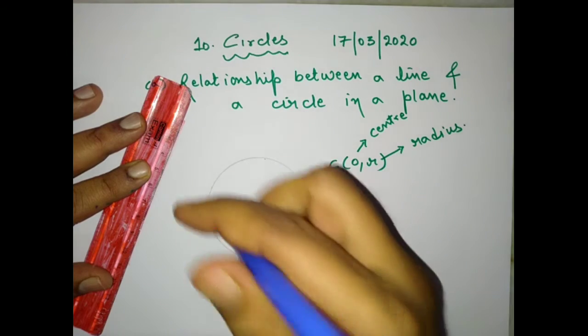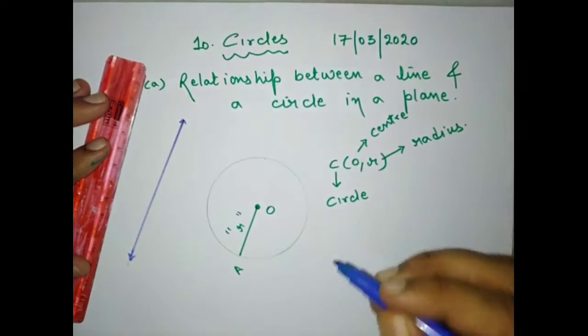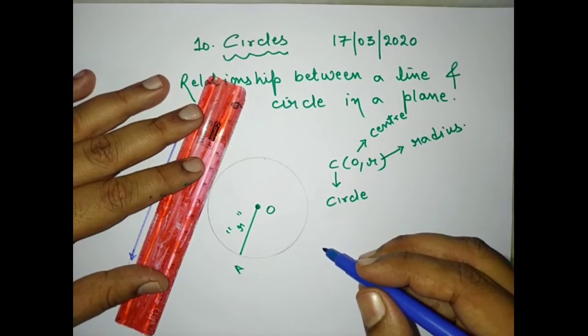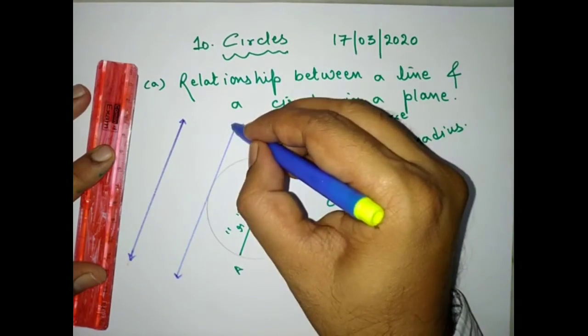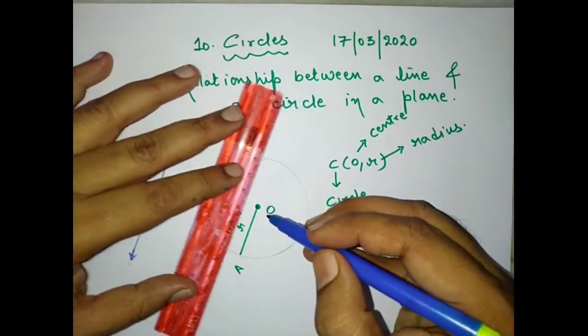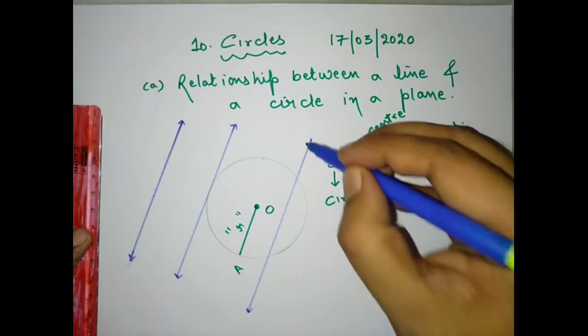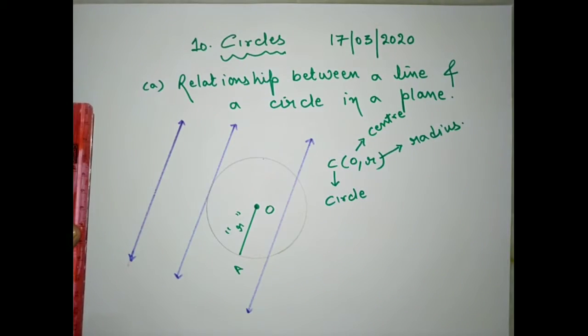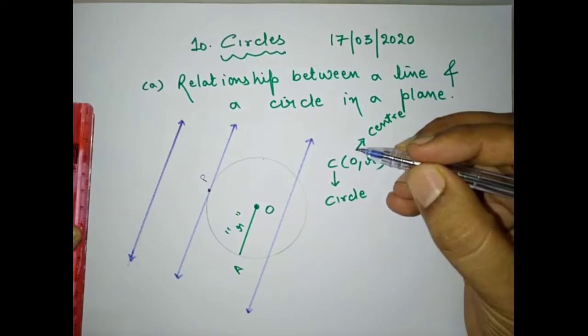Let us draw a few lines on the same plane where our circle is. Now, what could be the relationship between these lines and the circle? Either the line will not touch the circle, or the line will just touch the circle at a single point, or it will pierce through the circle.